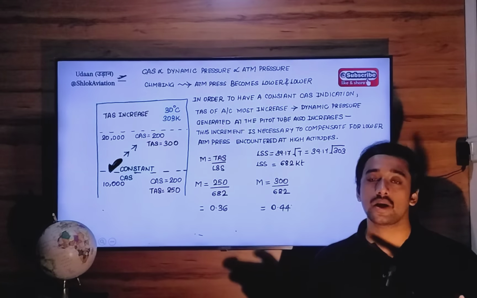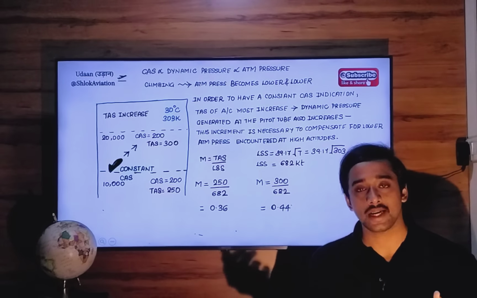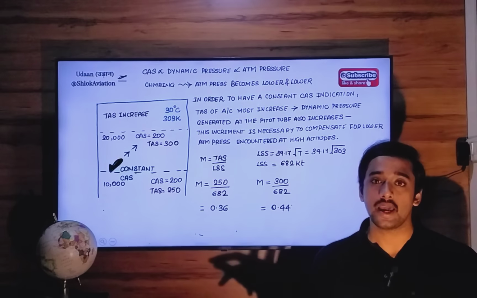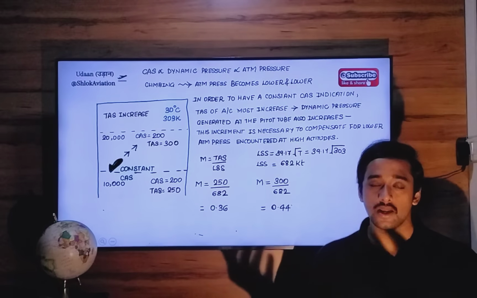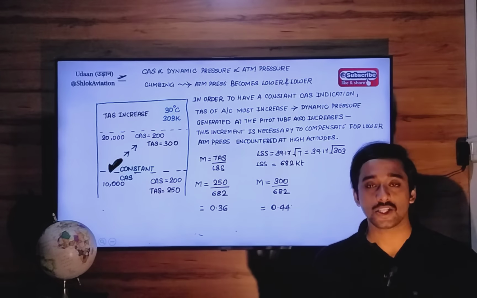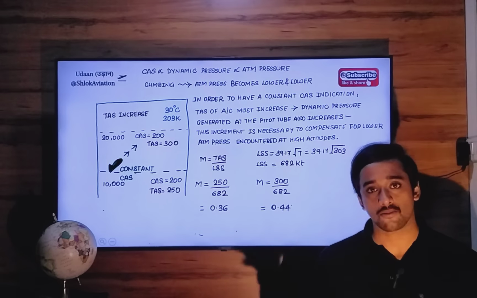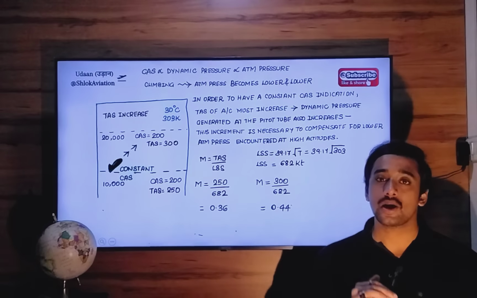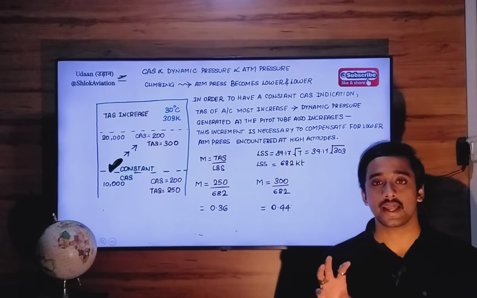You may be flying at 200 knots calibrated airspeed, let's say, but the indication given to you will be much less, because the airspeed indicator should be able to register sufficient dynamic pressure proportional to that speed. But if the pressure surrounding your aircraft is much less, you cannot register enough pressure to give that indication. That's why when you are climbing at higher and higher altitudes, calibrated airspeed indication automatically decreases.